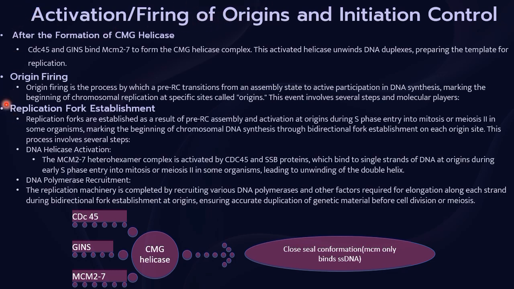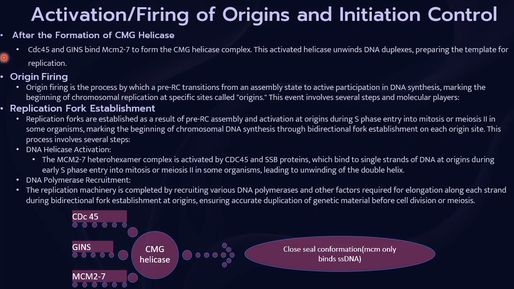where the CMG helicase melts or unwinds the DNA for the elongation step, thus forming the replication fork or replication bubble. In this step, DNA polymerases also get recruited by CMG helicases and PCNA and other factors, which we'll discuss later in this video.